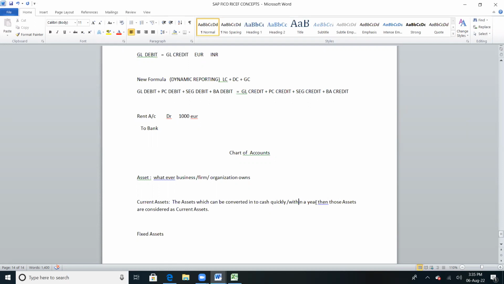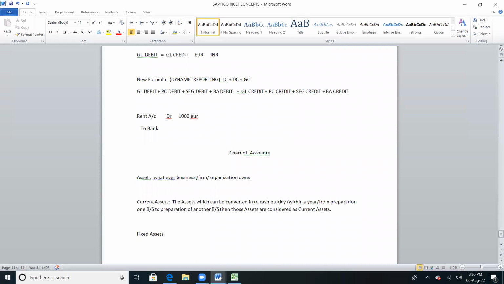Within a year, in the sense from when to when? Within a financial year, in the sense from preparation of one balance sheet to preparation of another balance sheet.